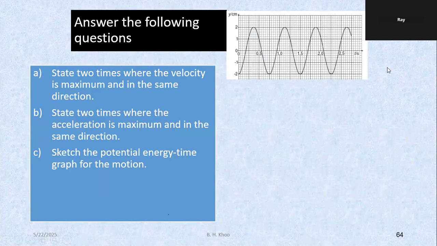Answer the following question. We are using the same graph. State two times where the velocity is maximum in the same direction. Can you tell from the graph?